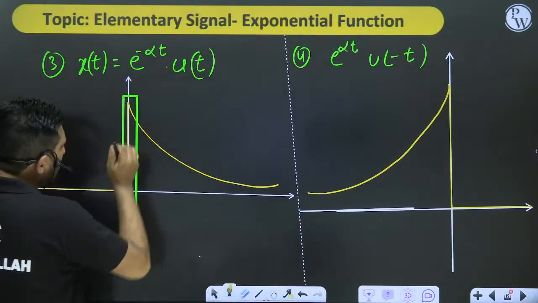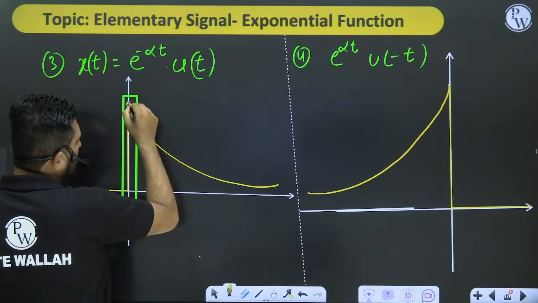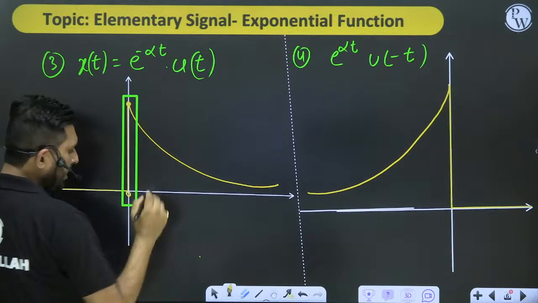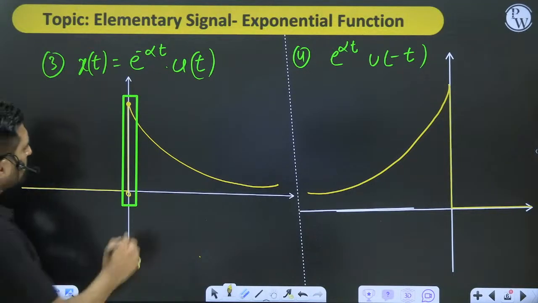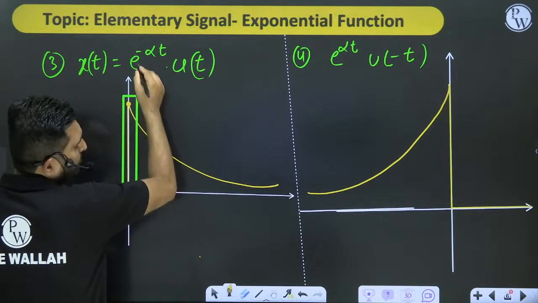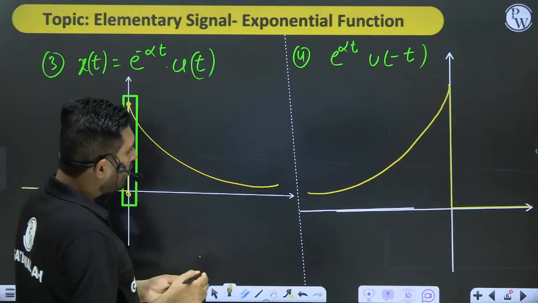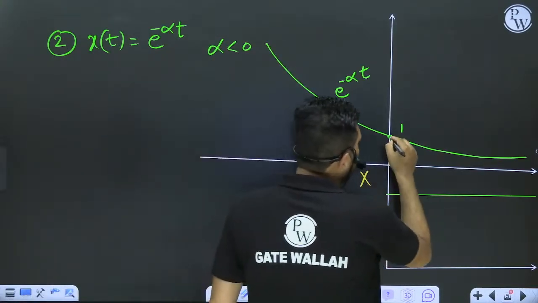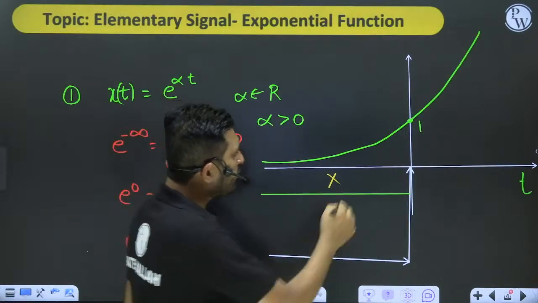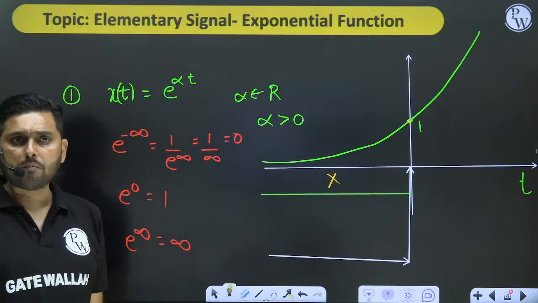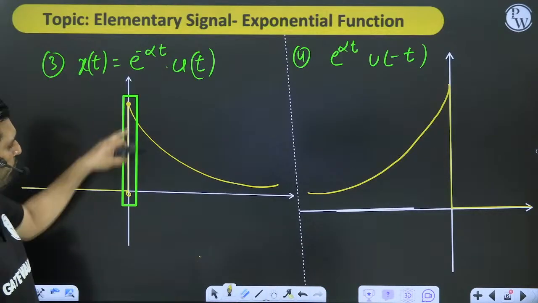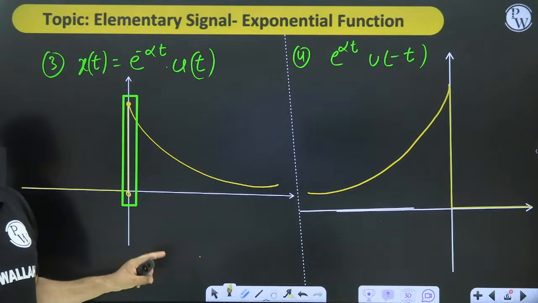Question is that what is the value of this function at this 0? See here, what is the value at 0? Let's consider, when you put t is equal to 0, this value is 1. Here also this value is 1. But if there is a jump discontinuity, then this value is not equal to 1, mind it.